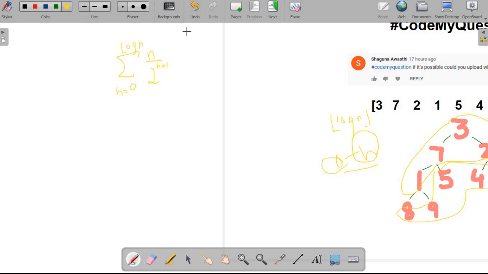Over here I won't be writing the floor or the ceil symbol because it won't affect much. Now these nodes are to be travelled at max of order of h, which is the height of my tree, and this is done by the heapify method. Now over here we can see that n is a constant, so we can simply write it as order of n, then summation h equals 0 to log n, h upon 2 to the power h plus 1.